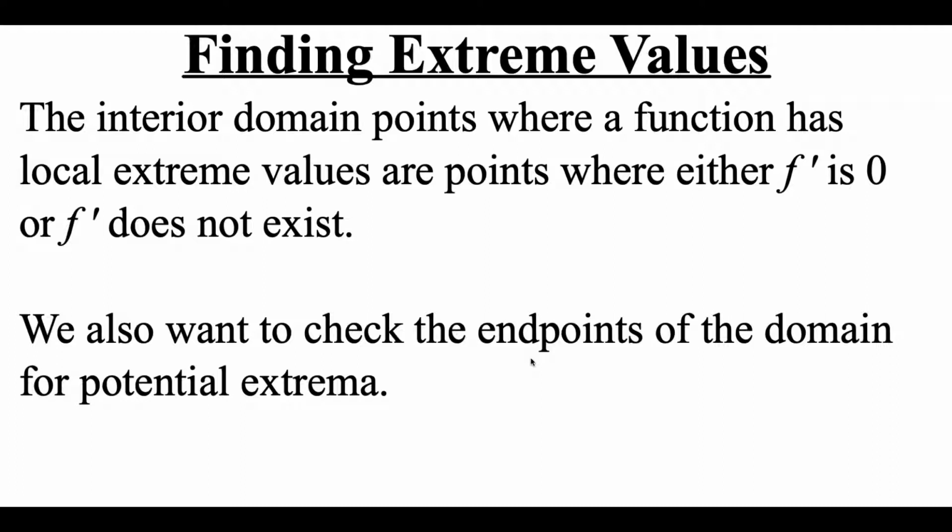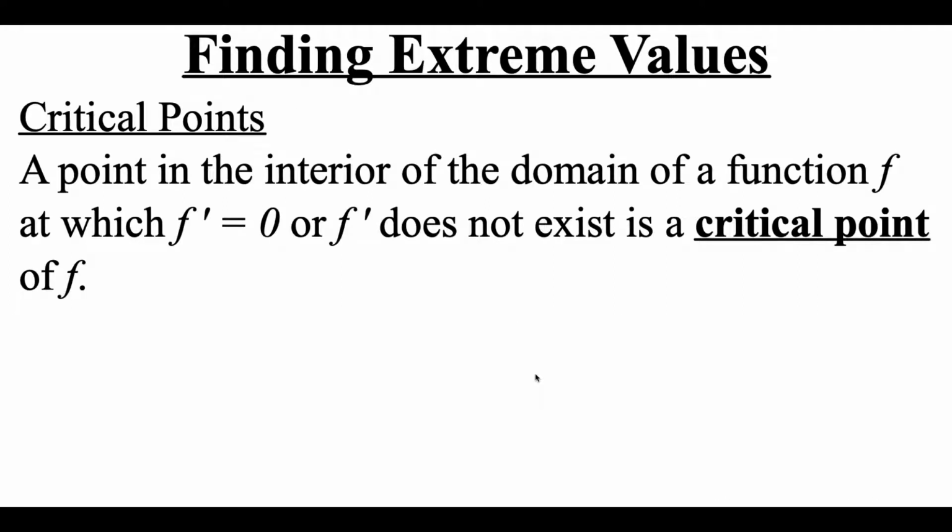Now, as we're looking at points on the interior of the domain of a function f, anywhere that derivative is equal to 0 or anywhere the derivative doesn't exist, like we just talked about, those are called critical points of the function f. And extreme values of a function can only happen at critical points of the function or at the endpoints of the function.